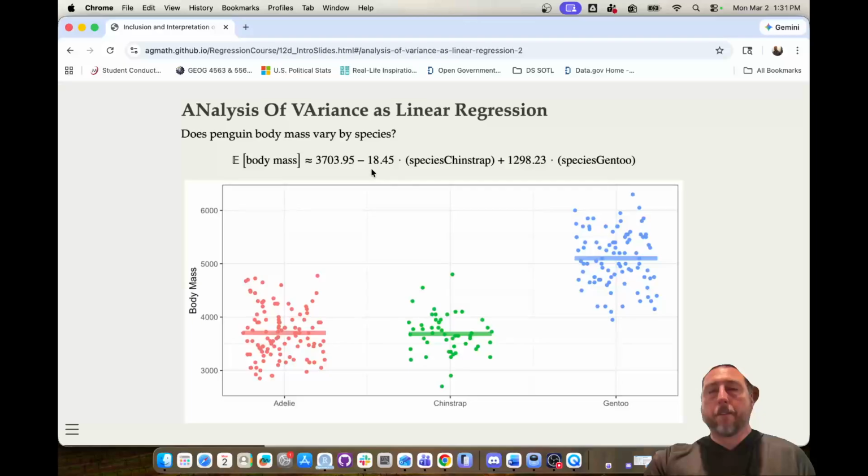This 18.45 is an adjustment on the 3,703.95. And similarly, now over to the Gentoos, much higher body mass on average, and this 1,298.23 is, again, an adjustment to that baseline value. The baseline value here corresponds to the Adelies.